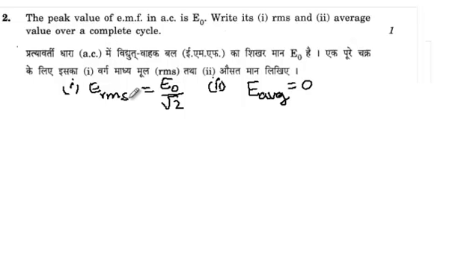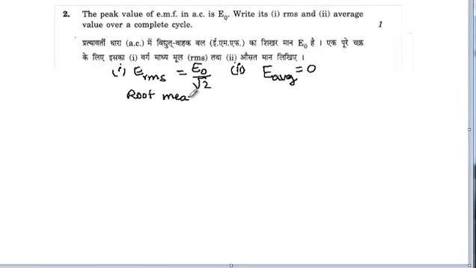Now, just a little bit of explanation on this, though you don't need to write it in the exam. RMS means root mean square value. So, to find the RMS value, you need to first take the square, then the mean, and finally the root.